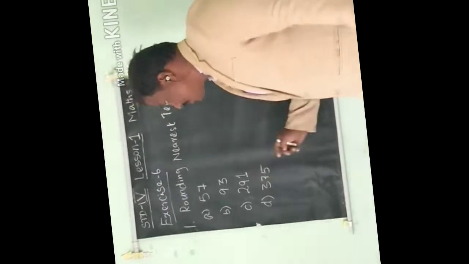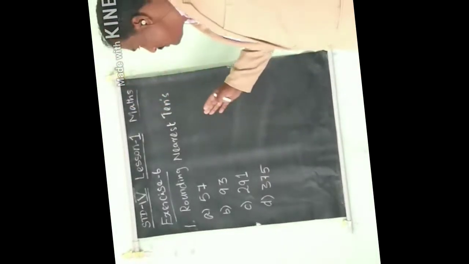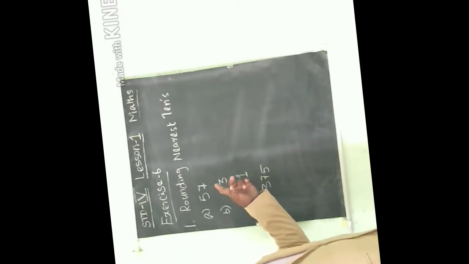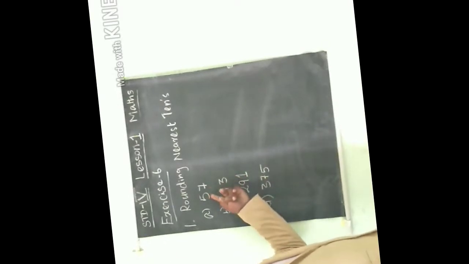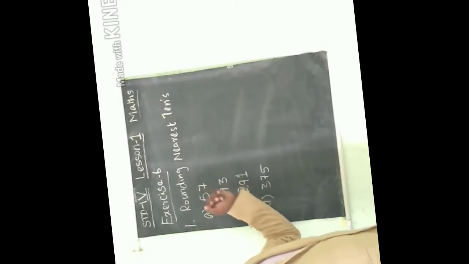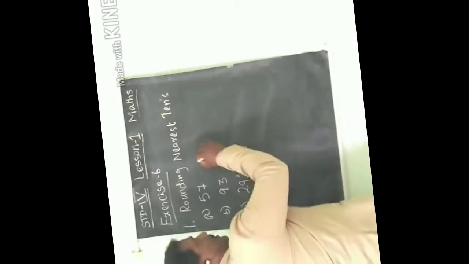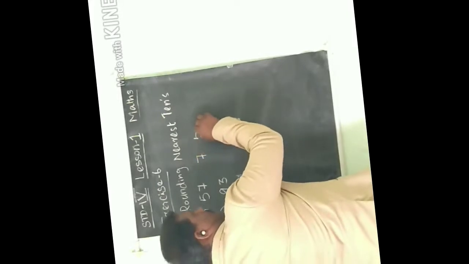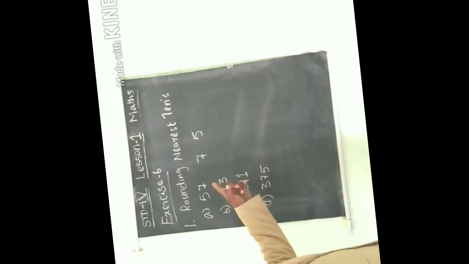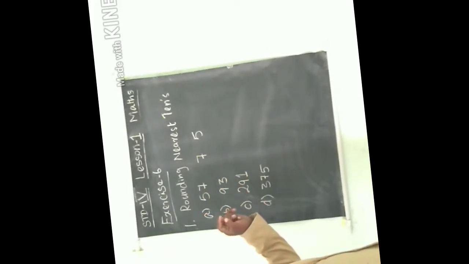Exercise 6. First we discuss rounding to the nearest tens. I already told you, for nearest tens, first we find the place value of the number: ones, tens. This is the tens place. Nearest 10 means 7 is the digit. Then we compare it with 5. Is it bigger than 5 or less than 5?